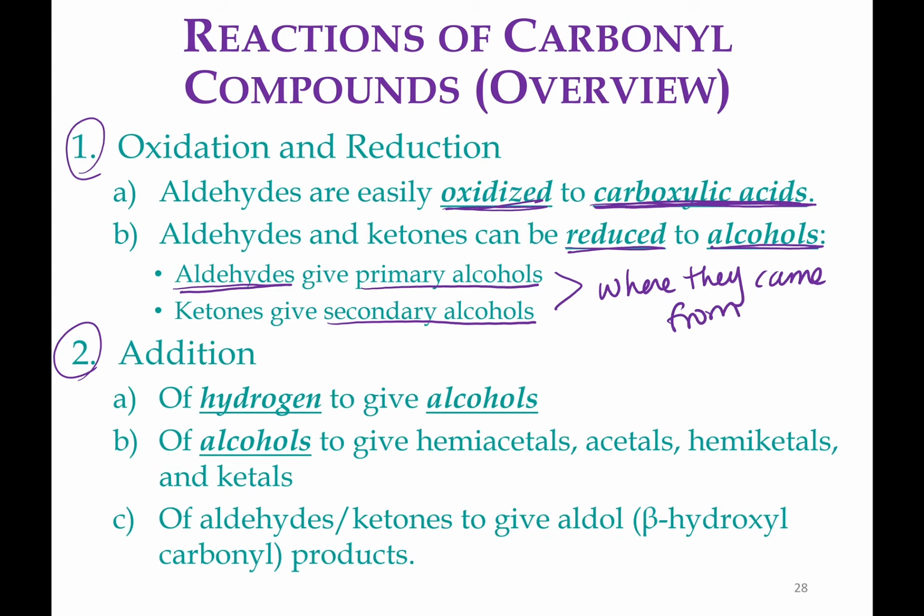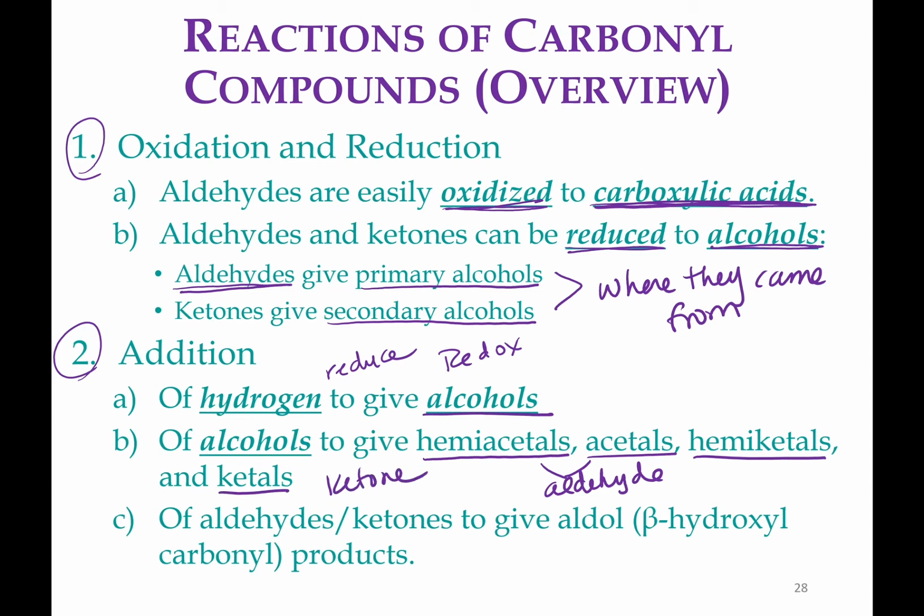Now, we can also add hydrogen, so we can reduce this. This would be a redox reaction back to an alcohol. We can react them with alcohols to give what's called a hemiacetal and acetal if it comes from an aldehyde, or a hemiketal or a ketal if it comes from a ketone.